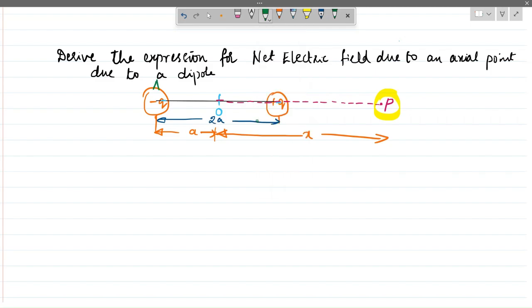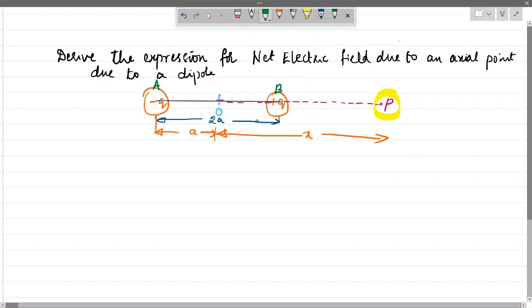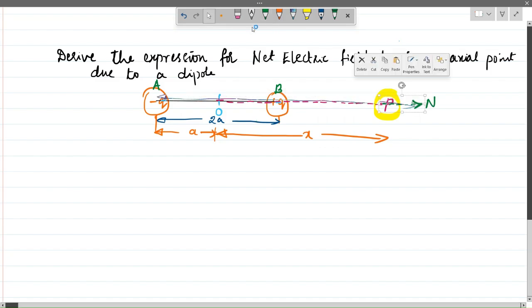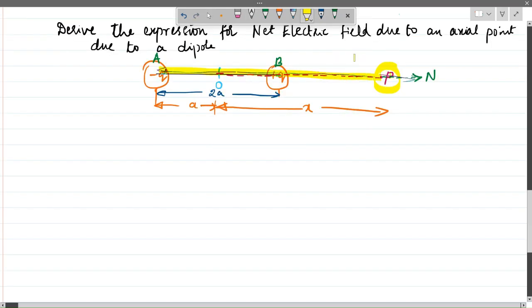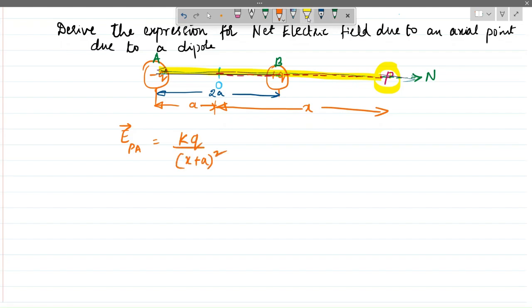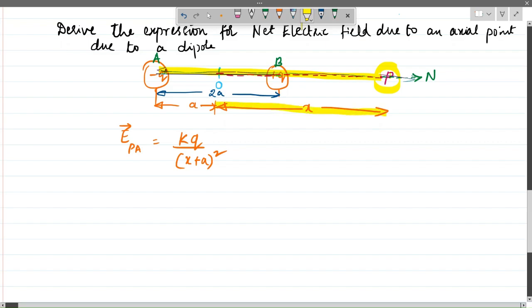Now let us suppose this is point A and this is point B, and this direction we will name as point N. PA is in this direction and PN is in this direction. Therefore, the electric field due to PA is equal to K into Q divided by x plus a the whole square, because this entire distance is x plus a.